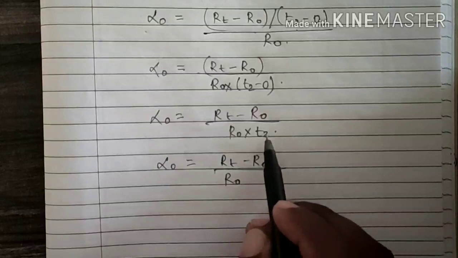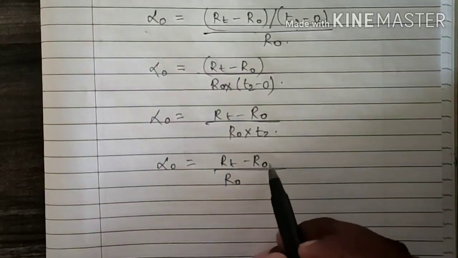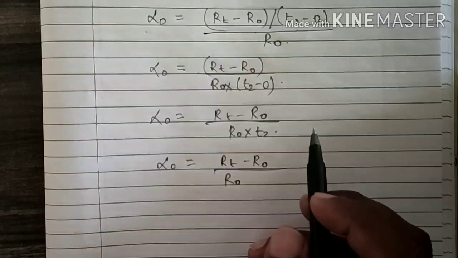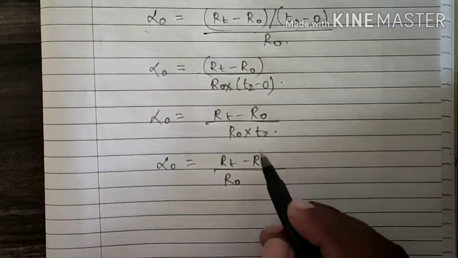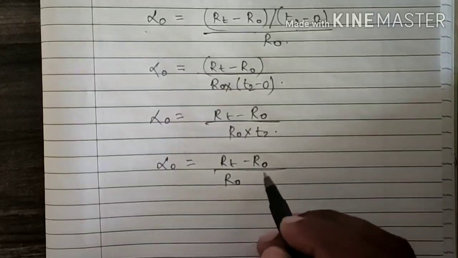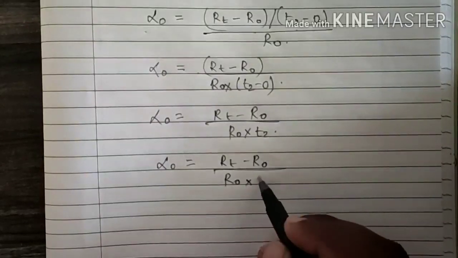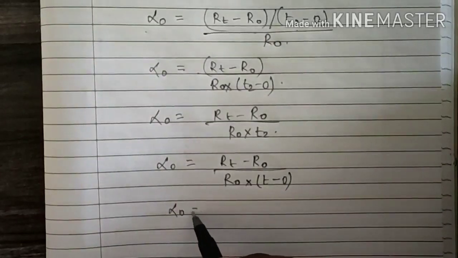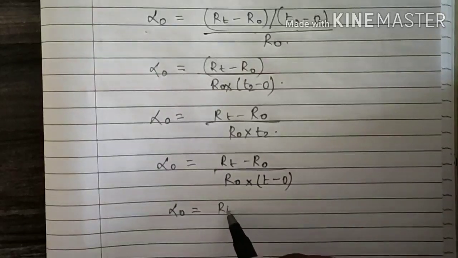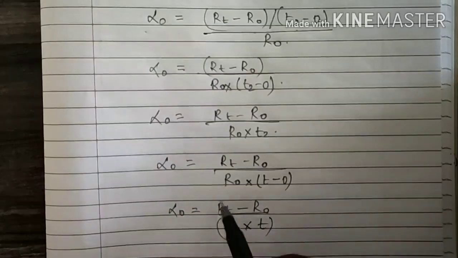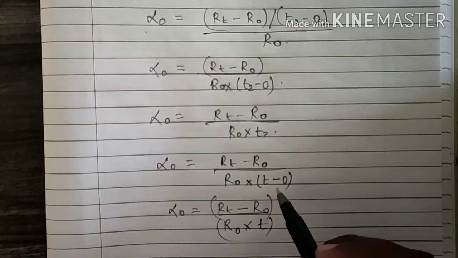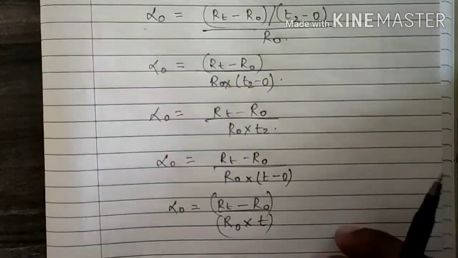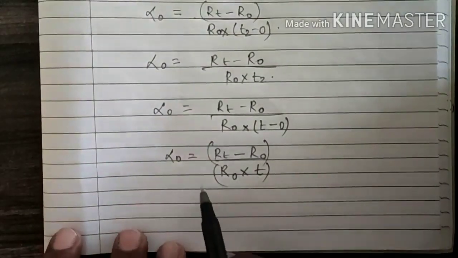What was T2? My final temperature. So I can write T2 as T minus 0. So my final value of alpha 0 will be RT minus R0 upon R0 into T. This is my alpha 0, and this is the formula.